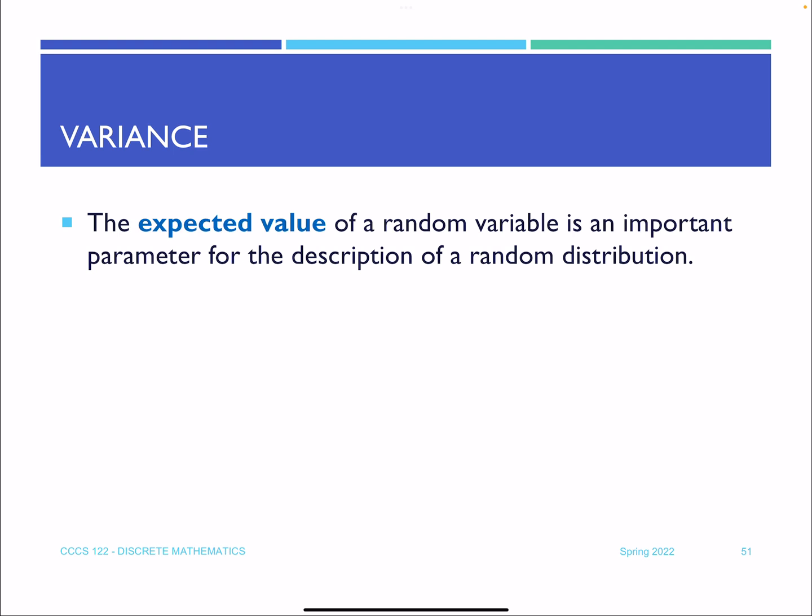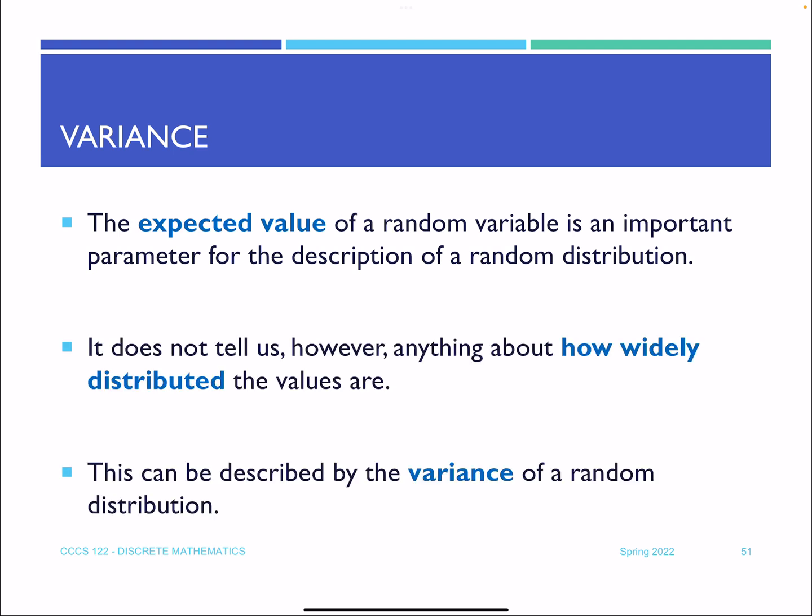Another important property of a random variable is how spread out it is, how much variation there can be in the outcomes from an experiment, the values that a random variable may map to. And for that we have a different metric, the one that tells us how widely distributed the values of a random variable are, that is called variance.